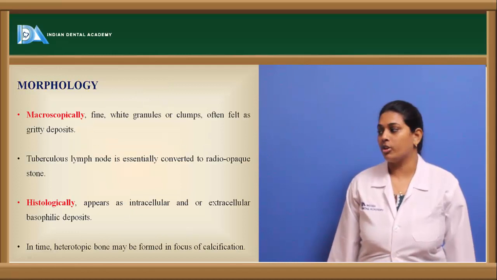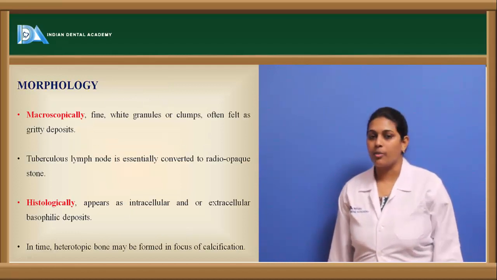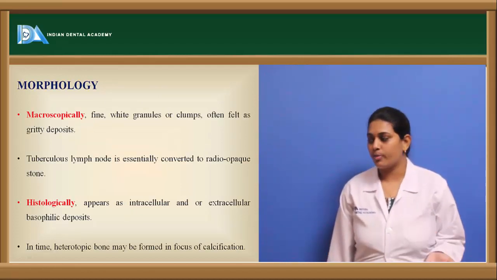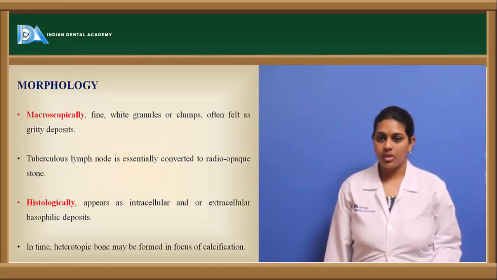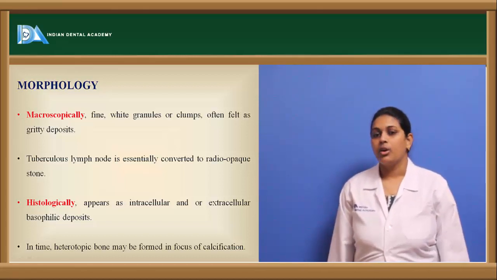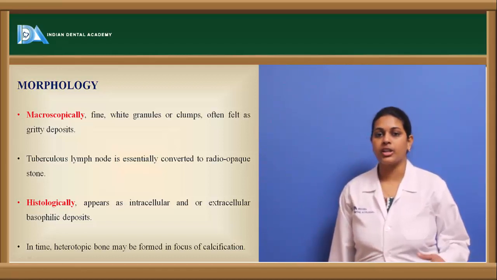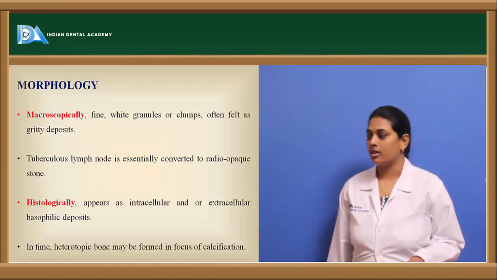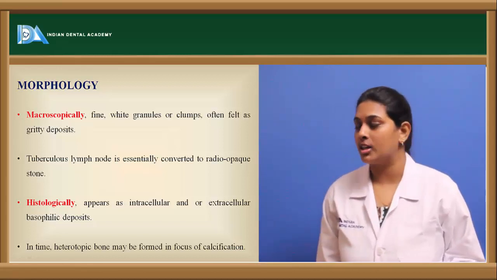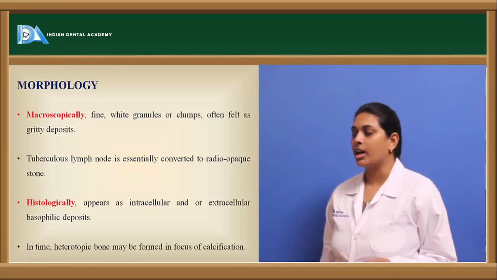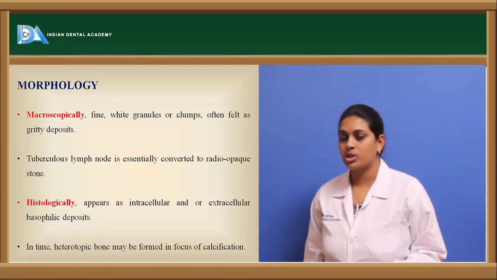So coming to the morphology, that is, the gross specimen of a calcification, it usually appears as fine white granules or clumps, which on palpation can be felt as gritty deposits. An example is a tuberculous lymph node, which is essentially converted into a radio-opaque stone.